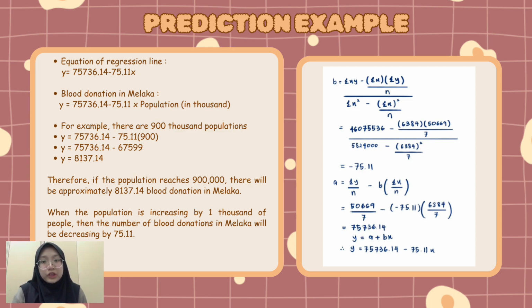Therefore, if the population reaches 900,000, there will be approximately 8,137.14 blood donations in Melaka. And the interpretation is that when the population increases by 1,000 people, the number of blood donations in Melaka will decrease by 75.11. That's all from me. Thank you.